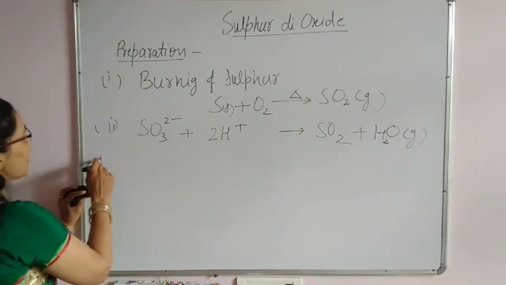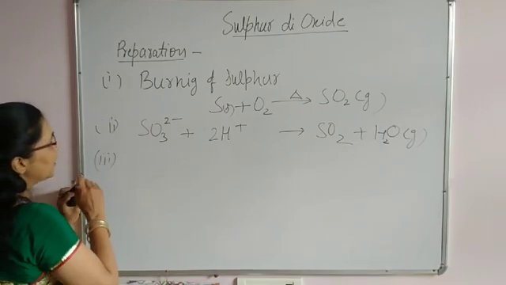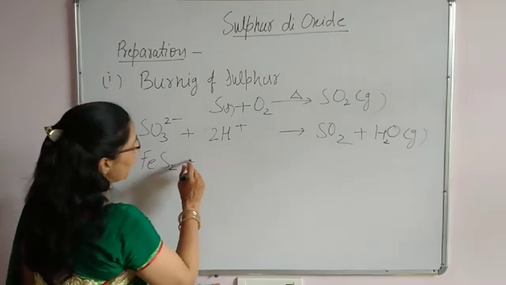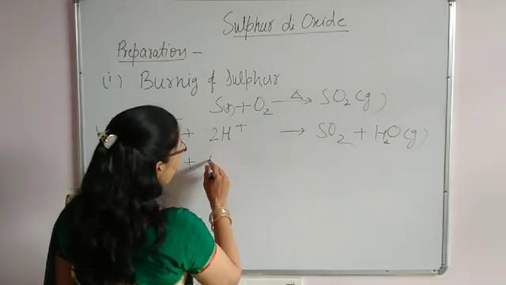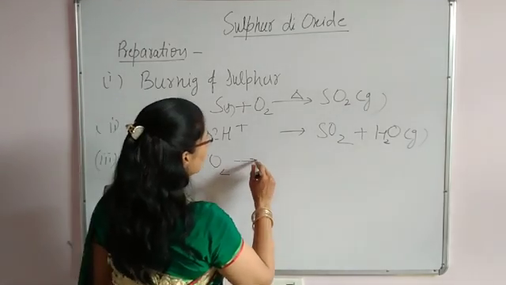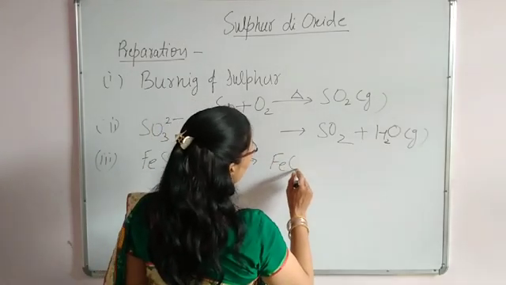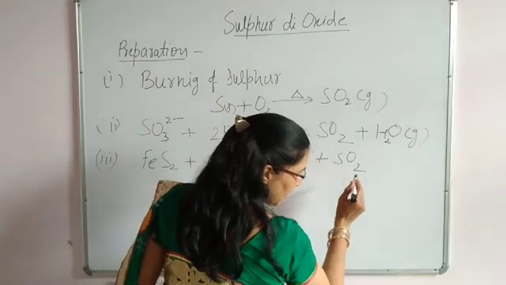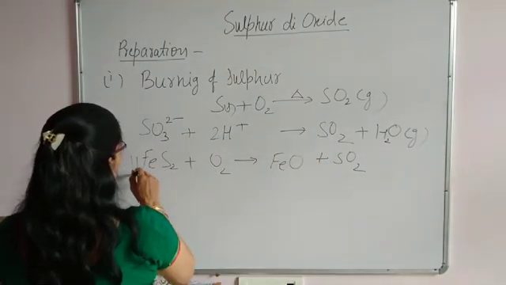Now third preparation method, heating of sulfide ore. For example, FeS2. When heated with oxygen, there is formation of iron oxide and sulfur dioxide will be removed. Okay.